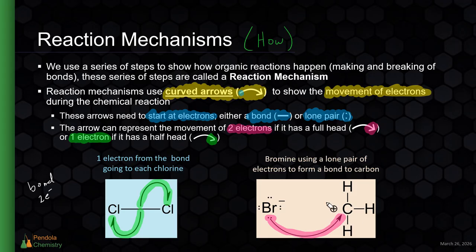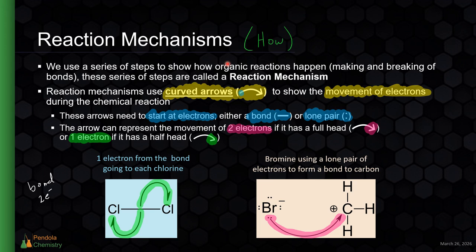Now don't worry about the other stuff like the positive carbon that's missing a bond or anything like that. We'll get into those details later on. But yeah, so these are how reaction mechanisms are shown. The reaction mechanism is the series of steps that show how a reaction happens, not reactants and products, but how do we get from the reactants to the products.